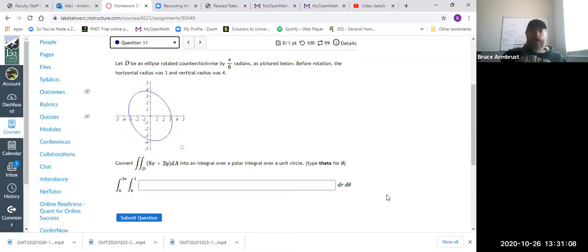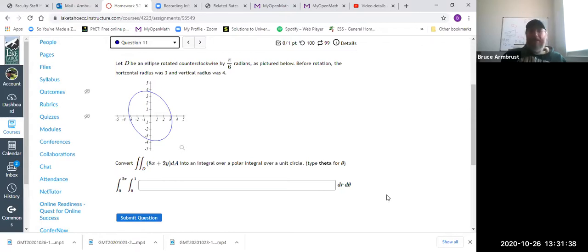All right. So let D be an ellipse rotated counterclockwise by pi over 6 radians as pictured below. Before rotation, the horizontal axis was 3 and the vertical axis was 4. All right, so it says convert this thing into an integral over a, this is really weird wording, but a polar integral over a unit circle.